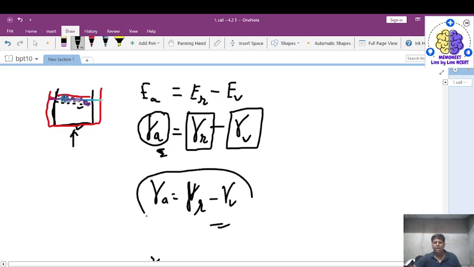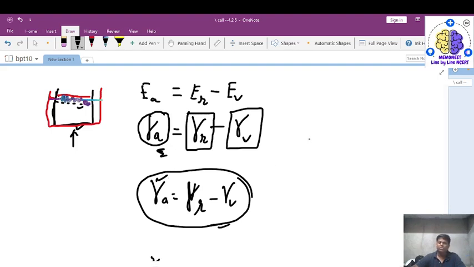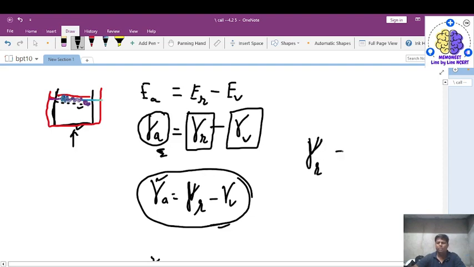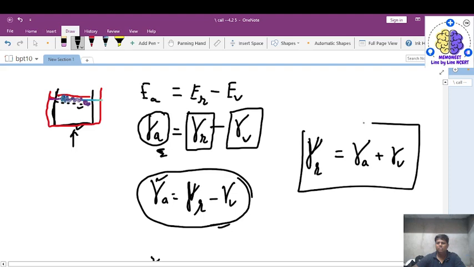This gives you the apparent coefficient of cubical expansion of the liquid. Or you can say it in this manner also: the real coefficient of expansion of the liquid is equal to the apparent expansion of the liquid plus the expansion of the vessel. This formula you can also remember.